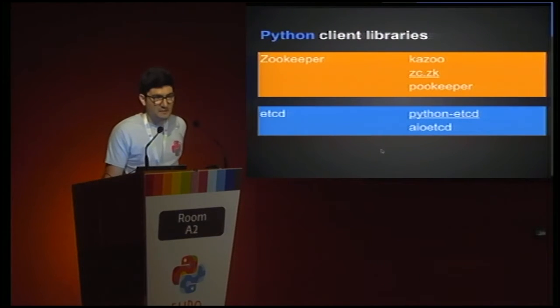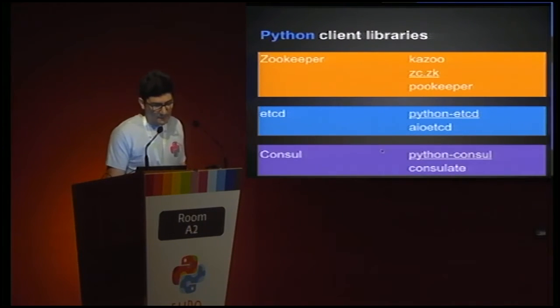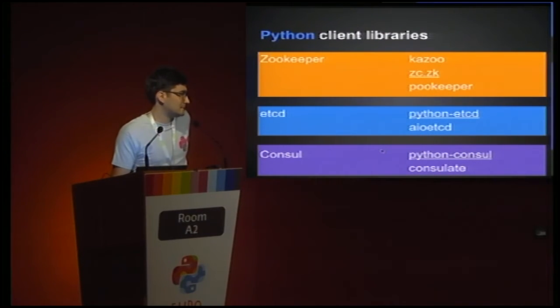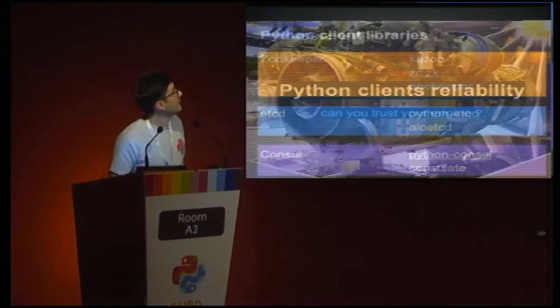Then for etcd, we have the standard Python-etcd library, which is pretty good. If you use asyncio, you have another for asyncio as well. And for Consul, you have Consulate and Python-consul. We'll use Python-consul, which is now more documented and more active than Consulate. Last year, it was the contrary, but this year, Python-consul is very, very nicely implemented now. So good job, guys. Thank you.